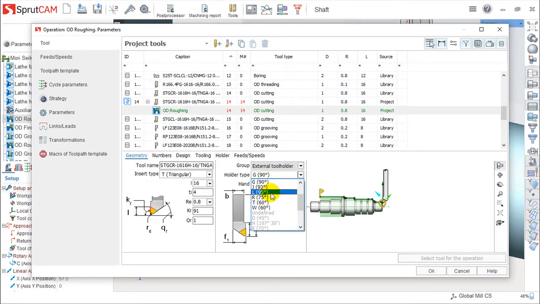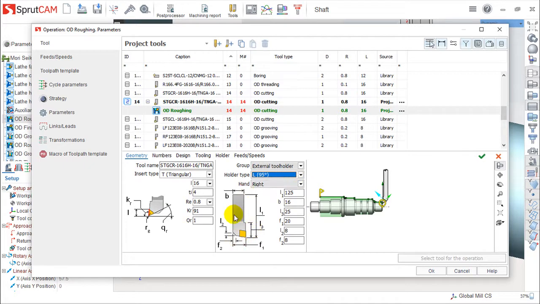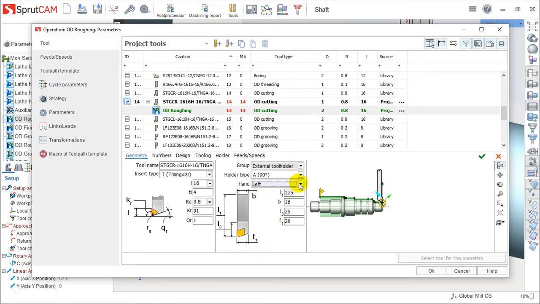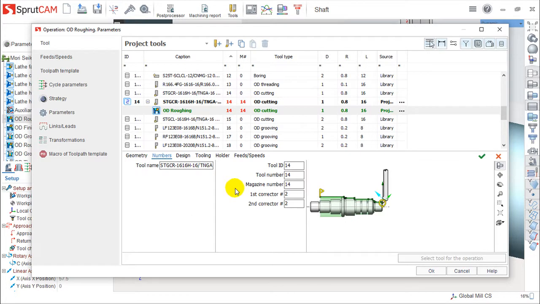We need to define the type of holder because there are a lot of different holders. And also it is crucial to define for which side we work, what we call here the hand, so right or left. This is crucial because otherwise you'll not have the result you expect. It depends on your machine. Regarding numbers, it's pretty much the same.